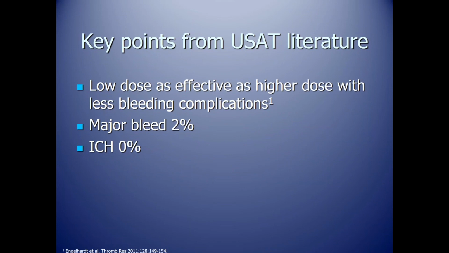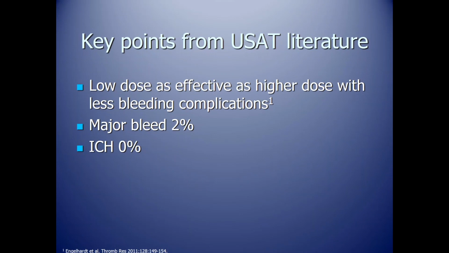And so Todd Engelhardt and his group published some early experience where they did have a higher dose protocol, and those patients were getting like 40 milligrams of infusion of TPA over that period of time. They found that it was very effective, but they did have 4 major bleeds. And then when they cut their dose down to about half that, around 20, they had similar effectiveness in terms of decreasing pulmonary pressures and RV to LV ratio.